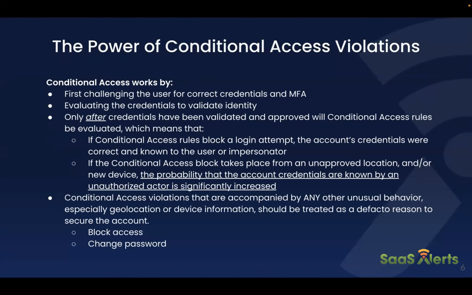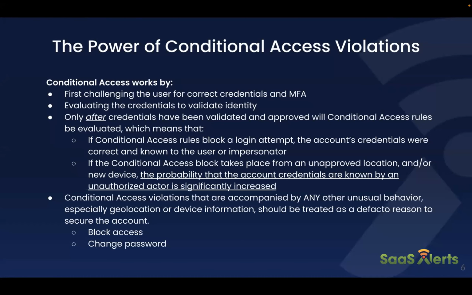That tells us that more than likely this is an account that's been compromised, and a bad actor has somehow discovered the username and password and defeated the MFA in one of several different ways. It's a little too long for this discussion to get into how that can get done, but trust us, it can definitely get done. We see it happen every day.